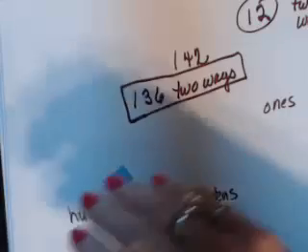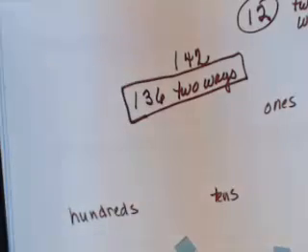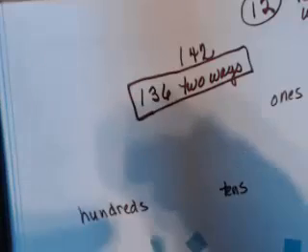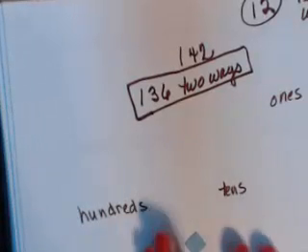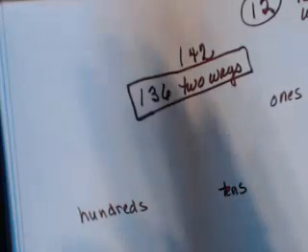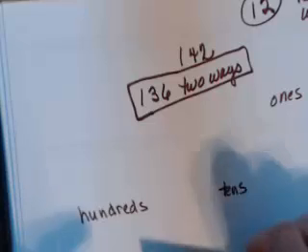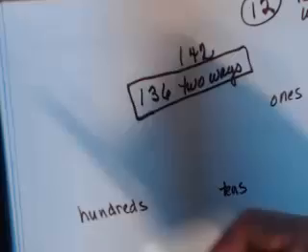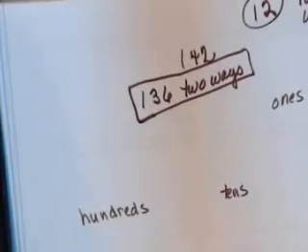The reason that we study different bases is so that students get a better understanding of place value. I know that for some of you on your basic skills exam, you're having a little trouble remembering the place value. And so by doing this activity with students of different bases, we might use base 3, we might use base 7.